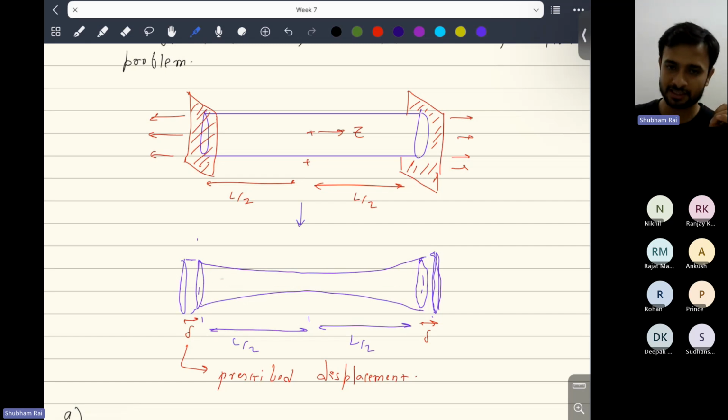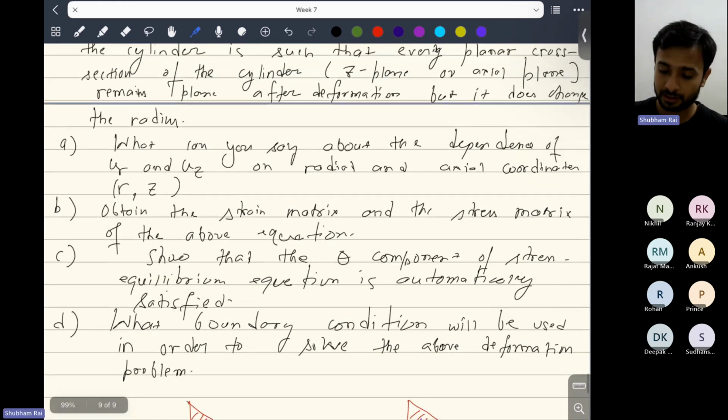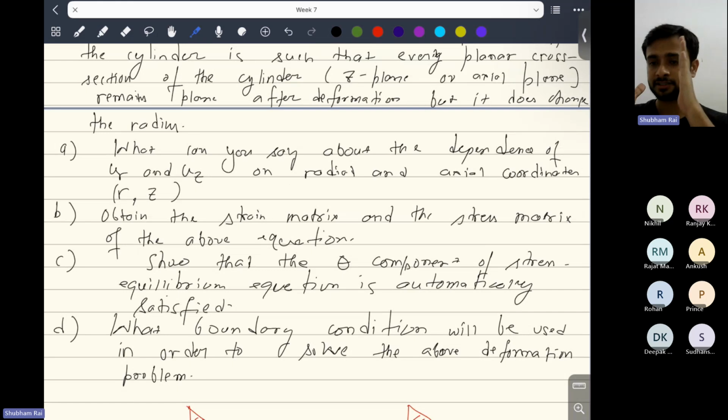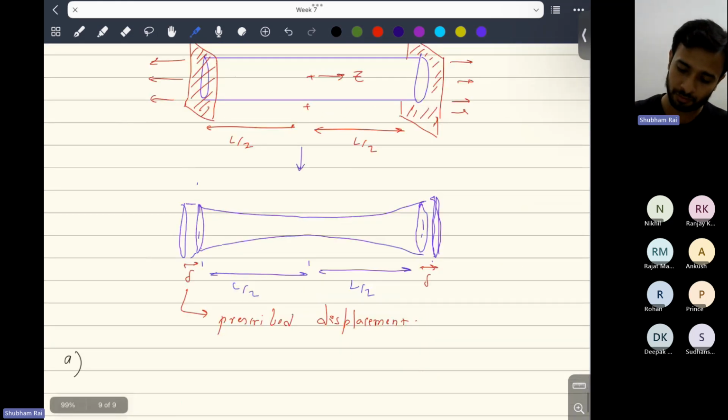So axial stretching will be a function of Z for sure, because here axial stretching will be different, here it will be different, here it will be zero actually, because it is being stretched from here and here equally. But UZ won't be a function of r, because it has been said in the question that plates are normal to each other. So if we cut a cross section, each point in that cross section will have an equal amount of axial stretching.